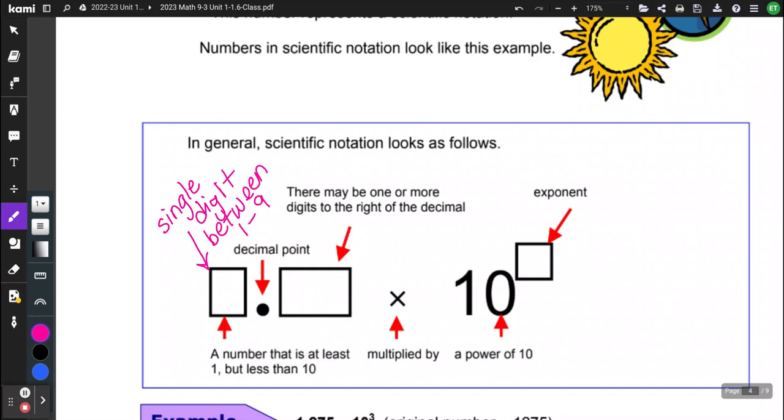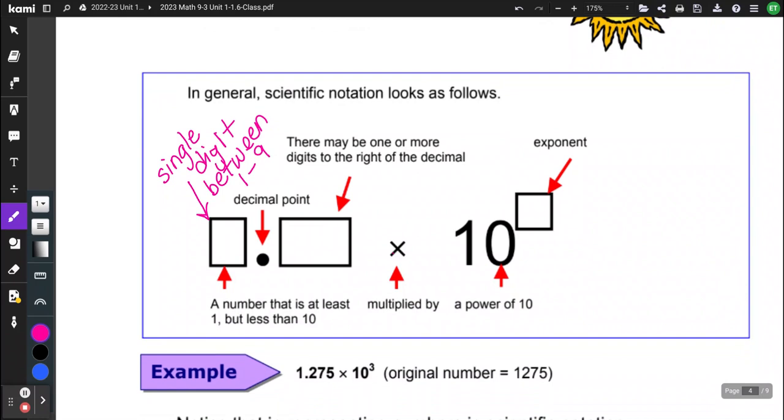The number 0 will never be there because you have to move your decimal over again. So it is always a single digit between 1 and 9. Okay? And then you could have all the rest of the numbers on the end of it. It doesn't matter how many numbers. And I'll show you an example like this in a moment. And then we say times 10, and then we have our exponent on there.